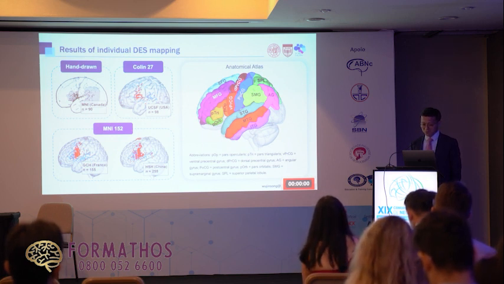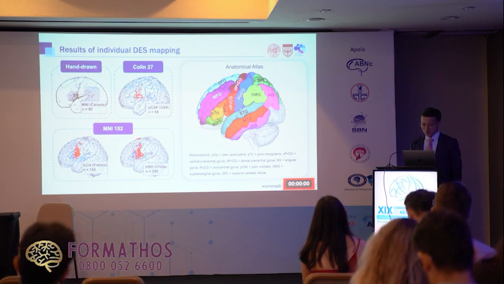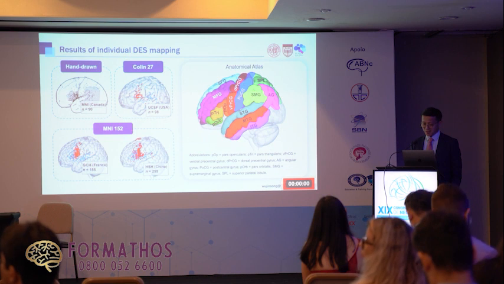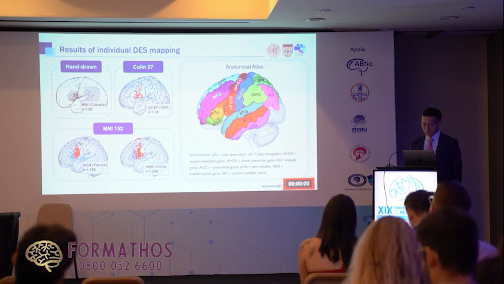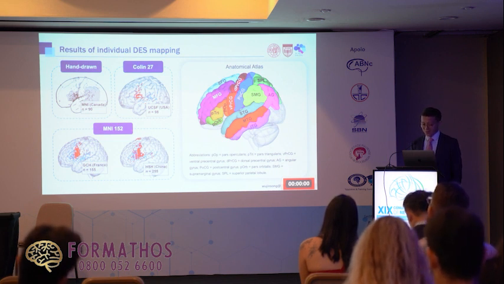MNI 152. We can see the different centers applied various templates from the results. On the handout template from MNI, we relabeled the positive sites to MNI template 152 according to the anatomical landmarks.